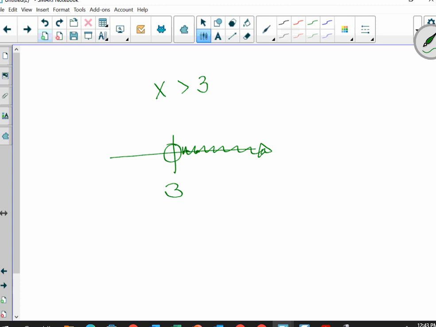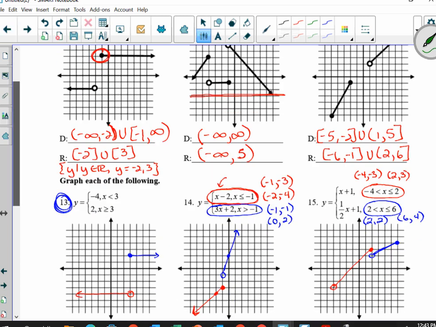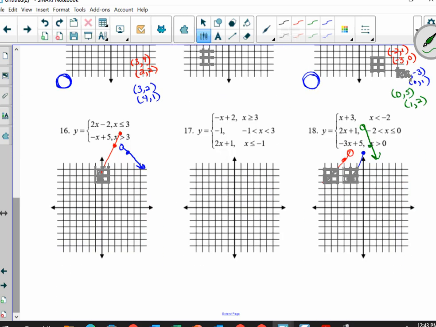So all of those are little closed dots, okay? Only the endpoint can be open. Is 4, 1 an endpoint on that graph? No, it's not. Okay, can it be open then? No, only the endpoint can be open.